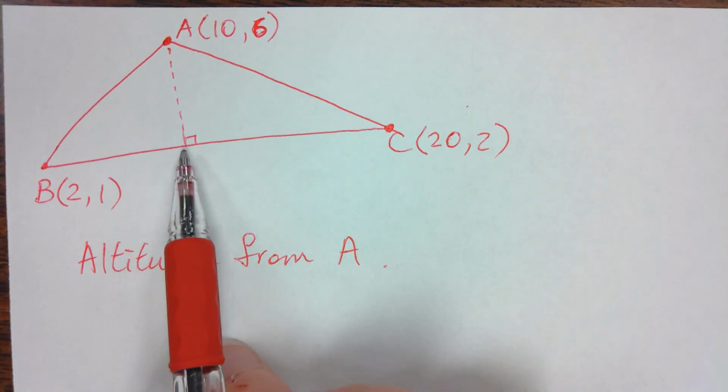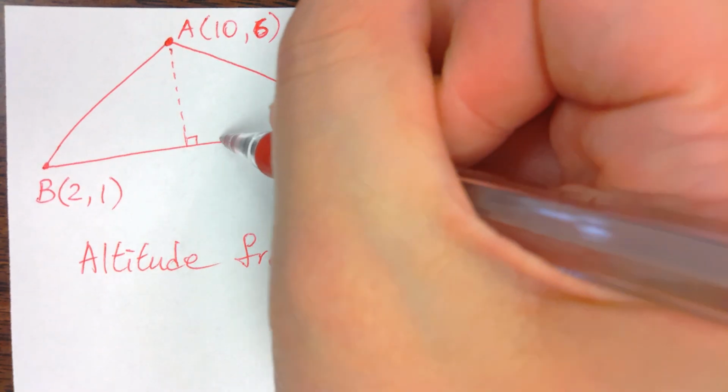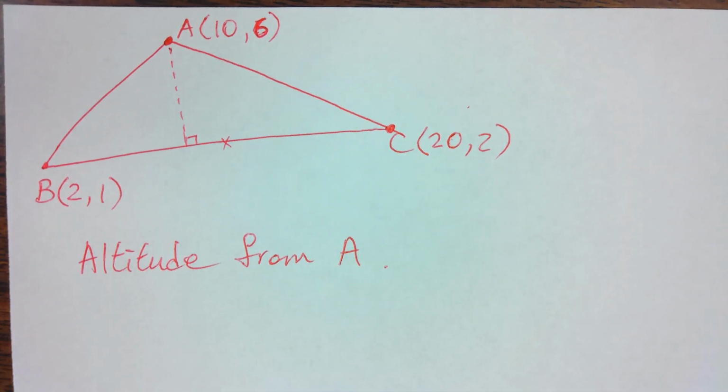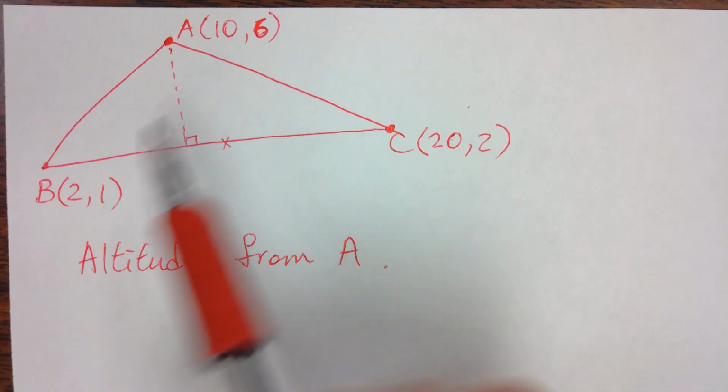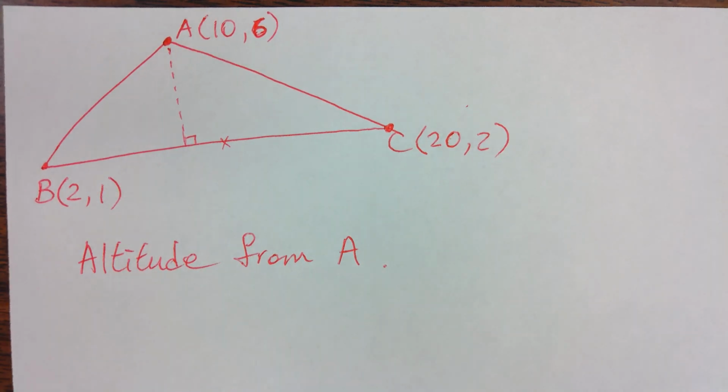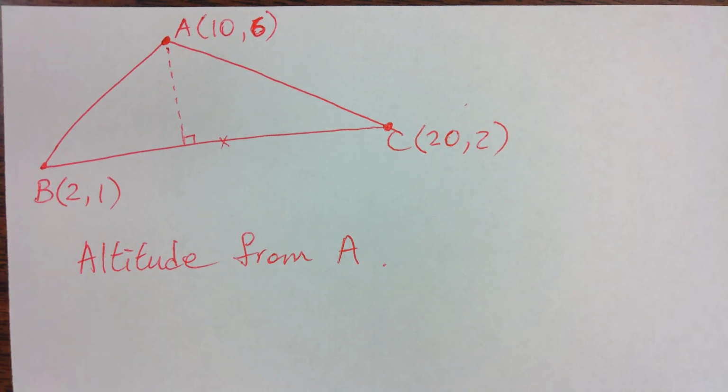Does this point look like it's the midpoint? No, the midpoint is somewhere over here. So is there a reason to find a midpoint? No, because I don't need it. So other than the midpoint, what do you think is the other thing I should find?